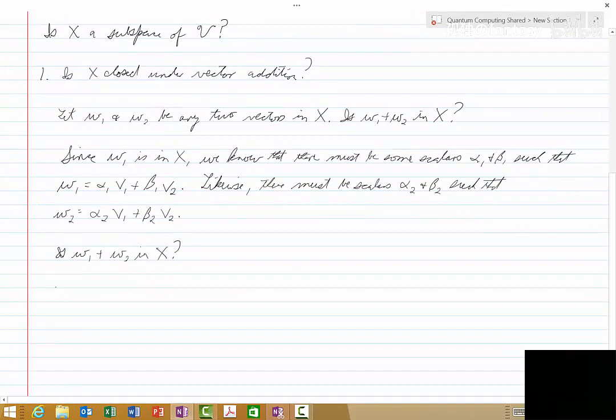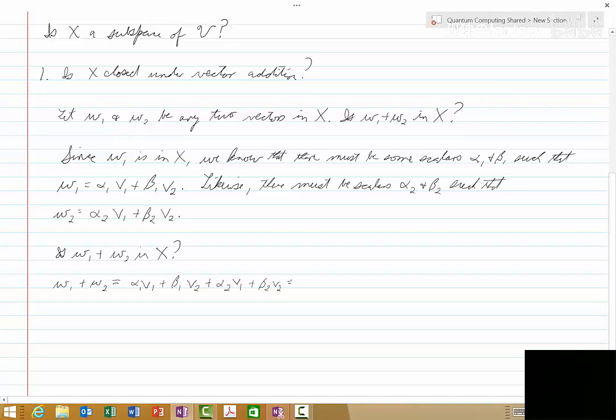Well, W1 plus W2, according to what we have just seen, is equal to alpha 1 V1 plus beta 1 V2 plus alpha 2 V1 plus beta 2 V2.